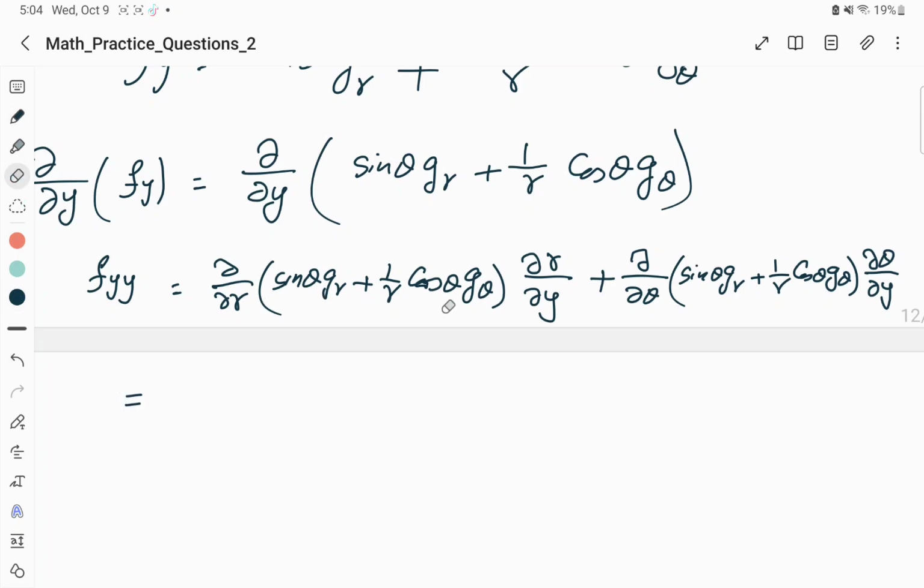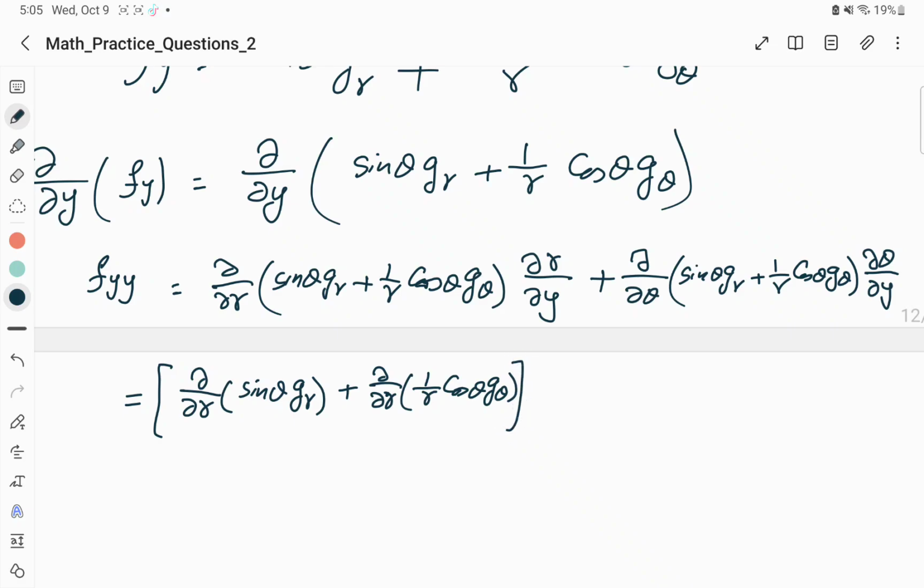So this will be distributed. So it will be partial by partial r applied onto sine theta g_r plus partial by partial r applied on 1 over r cos theta g_theta, and there is this expression partial r over partial y.